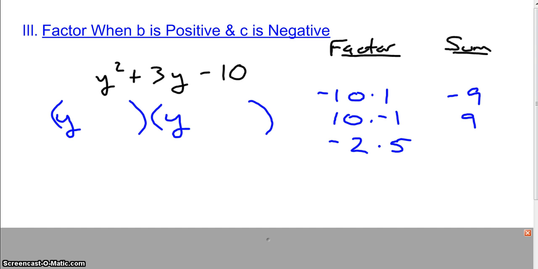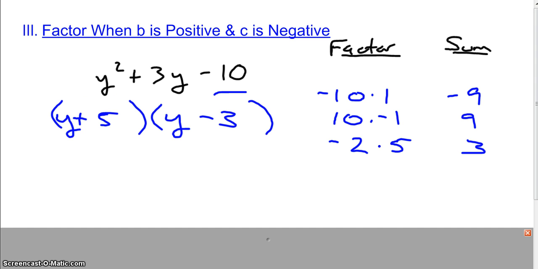Okay, so -2 plus 5, she says, is 3. So we know 5 and 2, the difference of those two numbers is 3. You can look at it as a difference. We end up subtracting to get the middle terms. So we're going to have a +5 and a -3.